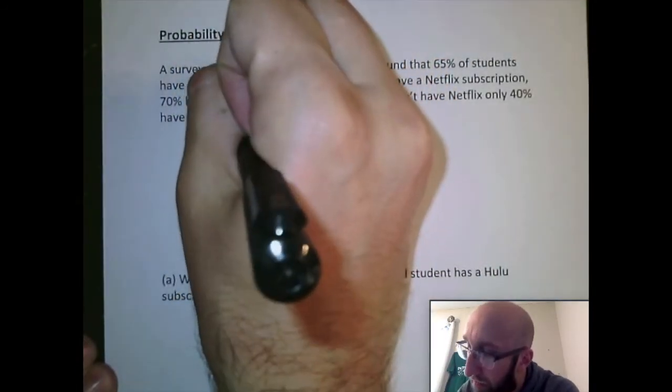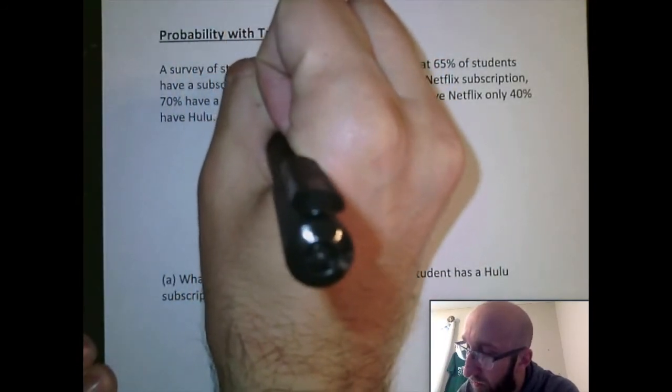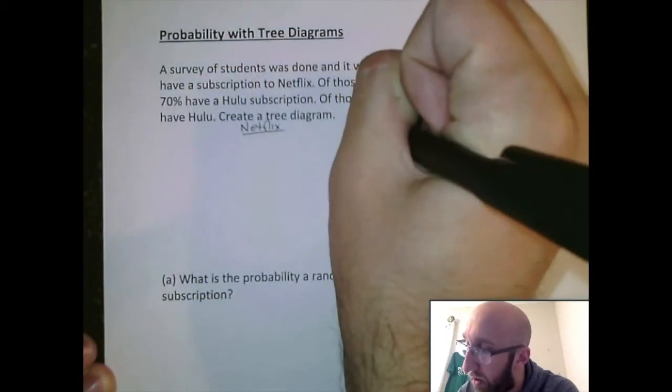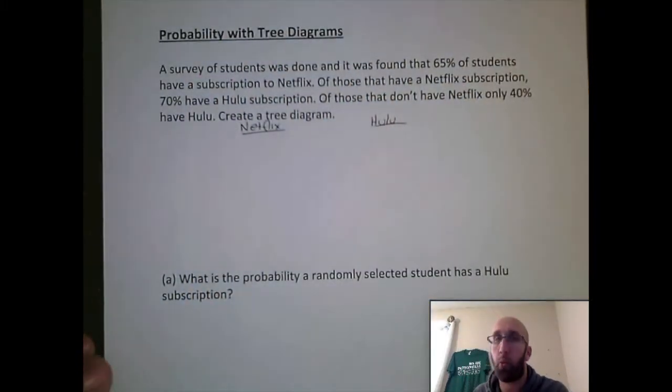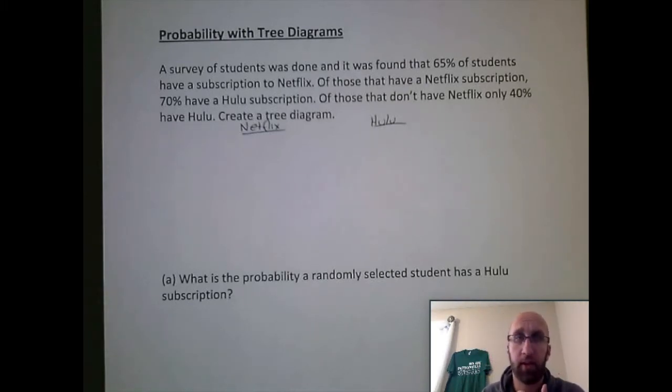When I make my tree diagram, I'm going to break it apart and say, all right, the first branches are going to represent what is happening with Netflix. The second level of branches is going to deal with what is happening with Hulu. Things they talk about with Netflix: students have a subscription to Netflix, and sometimes they mention those that don't have Netflix.